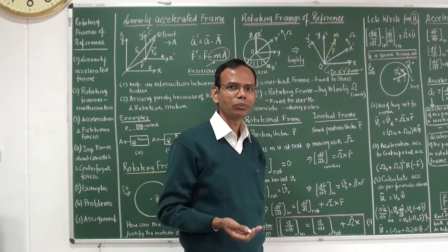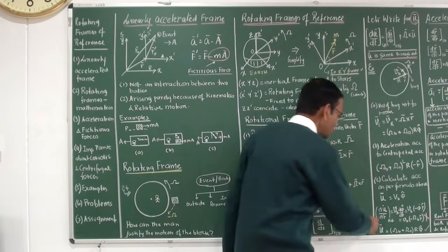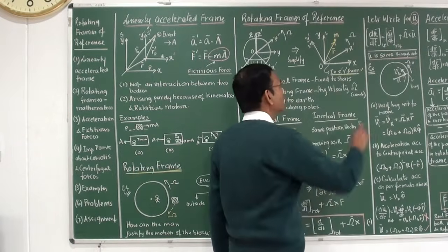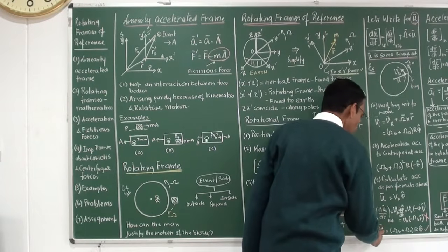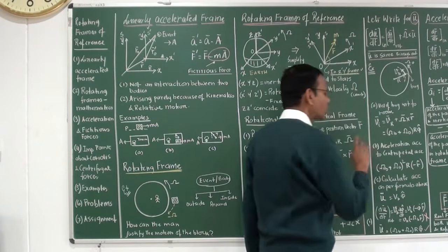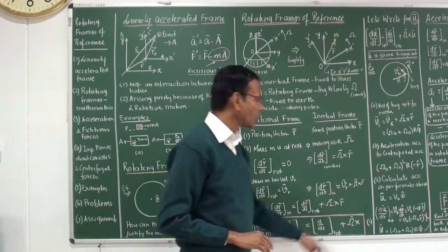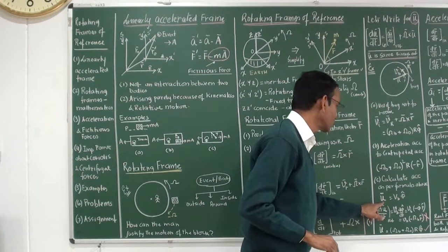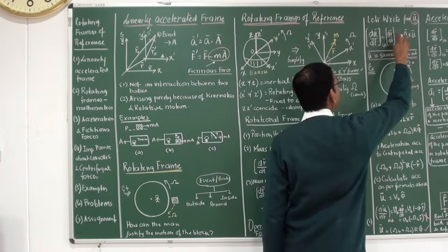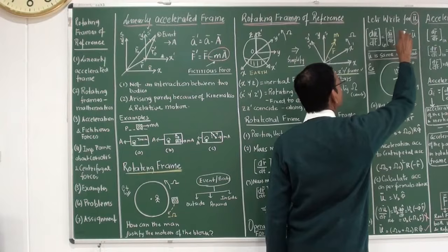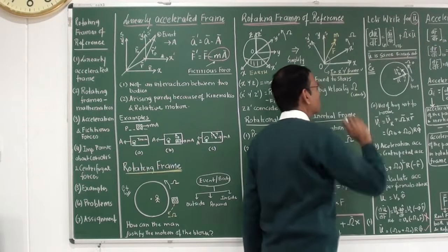That is my u, that means this is my u inertial. So I have to write this u as u inertial and not u rotational. I made a mistake over here, and that is what this formula teaches us: whenever we write this u, here u is inertial, here also u is inertial.